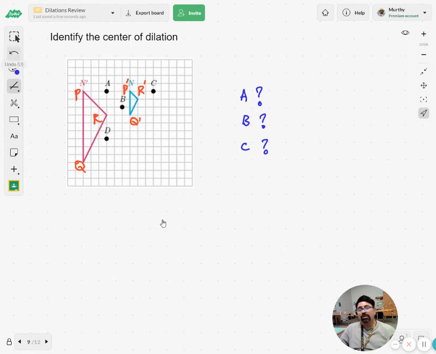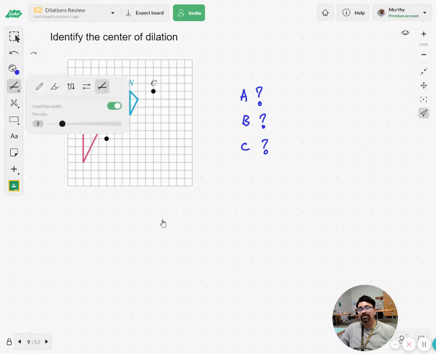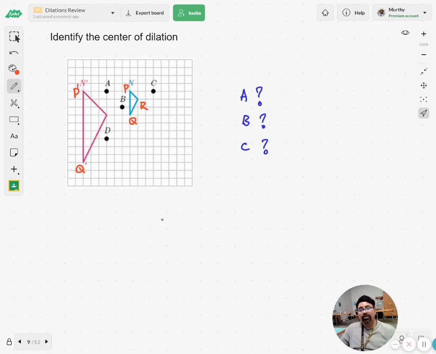Oh my, I think I marked it in a wrong way because, friends, please notice that here N and N prime are given. So let me label this N as P, this is Q, and this one is R, and this one is P prime, this one is Q prime, and this one is R prime.